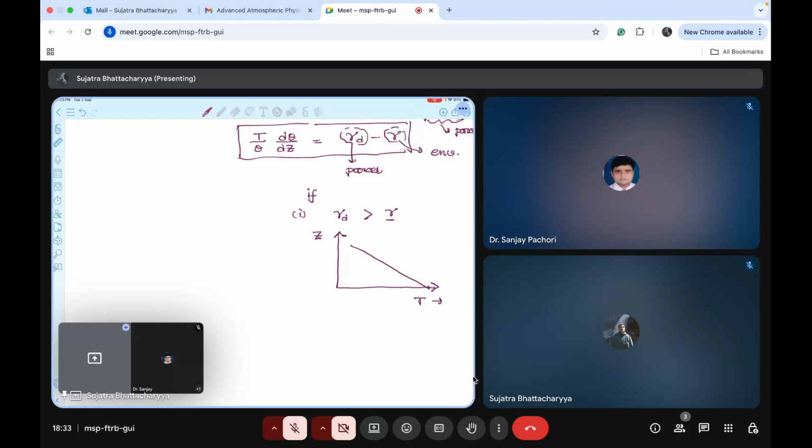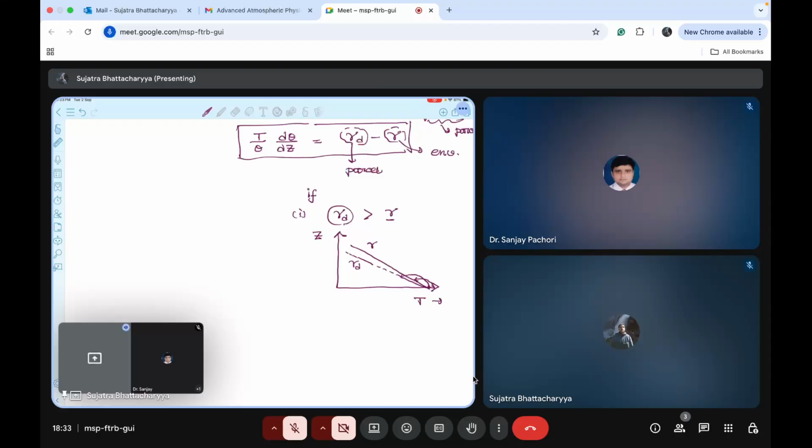Temperature decreases with height. This one is, let's say, gamma for the environment. Now if gamma d is greater than gamma, then what will happen? If gamma d is greater than gamma, it means the rate of decrease of temperature is much more. That means there is more decrease of temperature. It's just like a slope kind of a thing, right? So this is a more slope and this is a less slope, as you can see. So this becomes your gamma d.